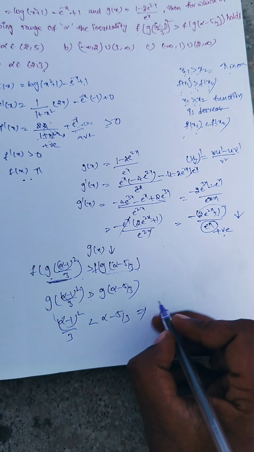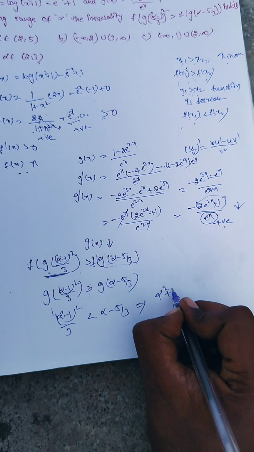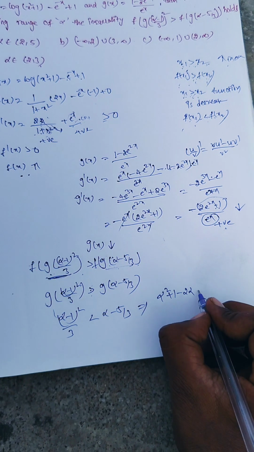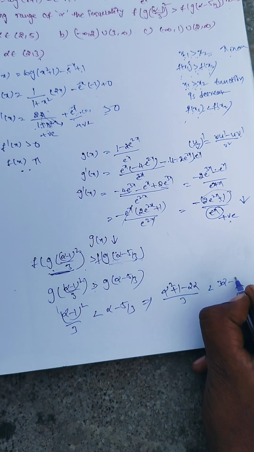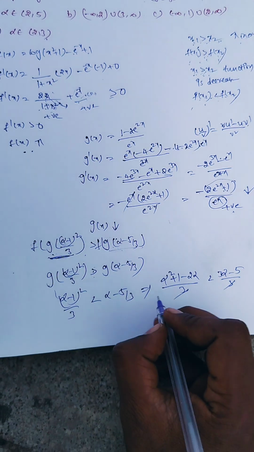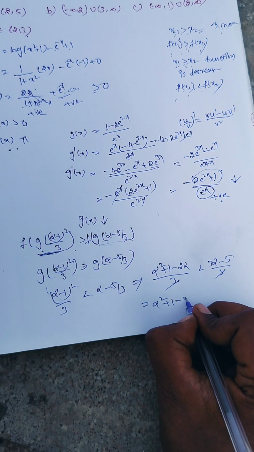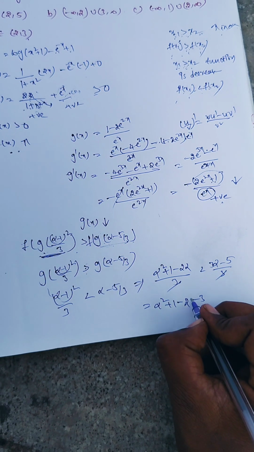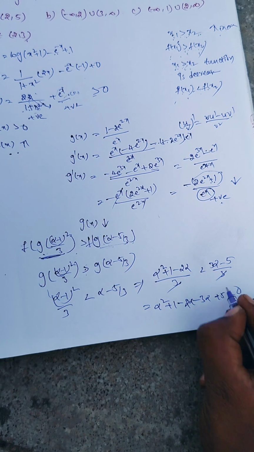This we can write as (a minus b) whole square, a square plus b square minus 2 alpha by 3 is less than 3 alpha minus 5 by 3. This 3 is cancelled, remaining alpha square plus 1 minus 2 alpha, sending this across, minus 3 alpha plus 5 is less than 0.